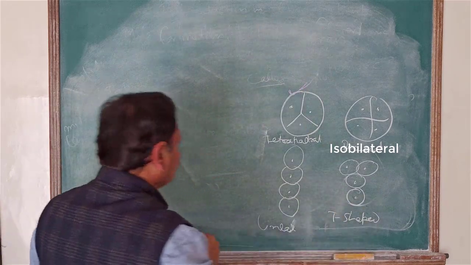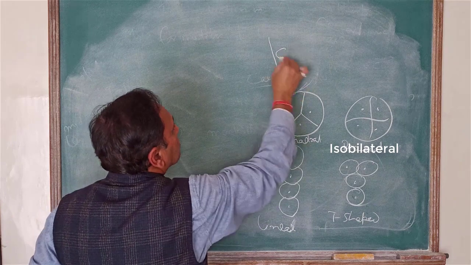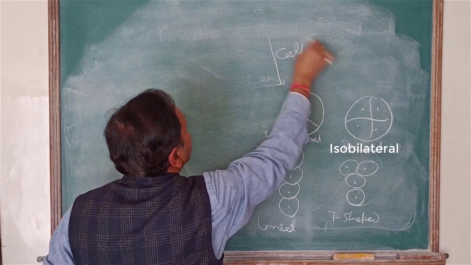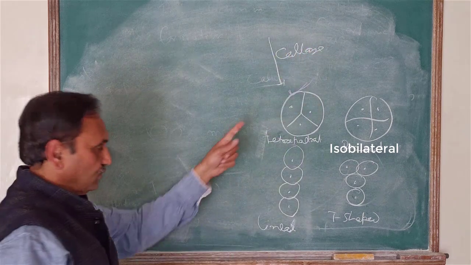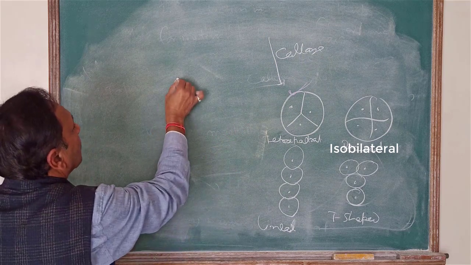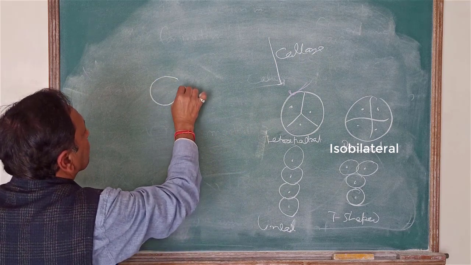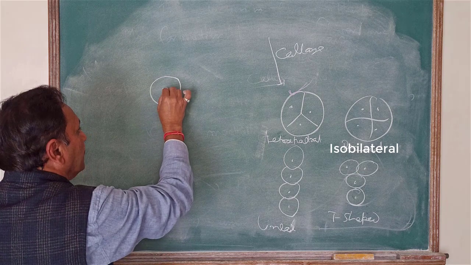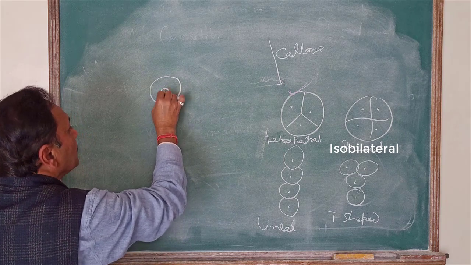What happens? Callase acts upon this tetrad and forms a structure having a haploid nucleus.